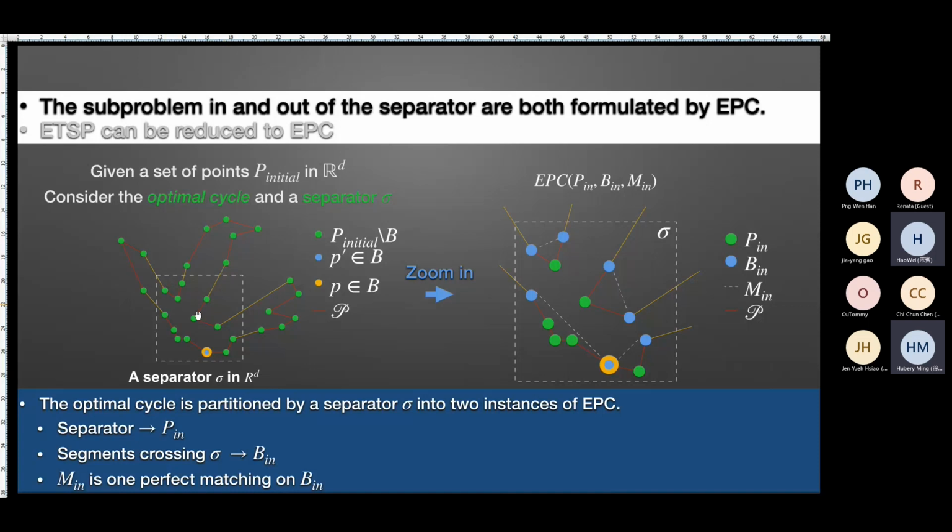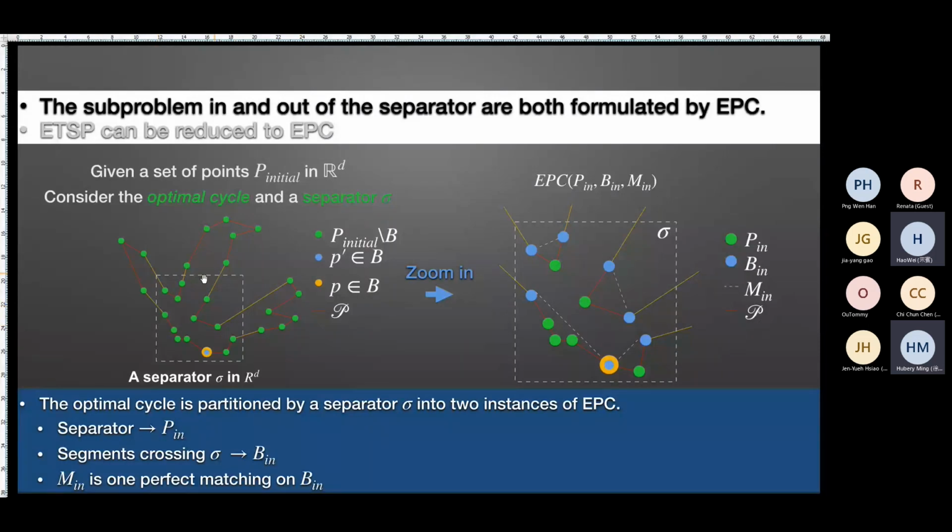The first part contains the paths inside the separator. There are three paths. The second part contains the paths outside the separator. There are three paths, and the third part is the segment crossing the separator.